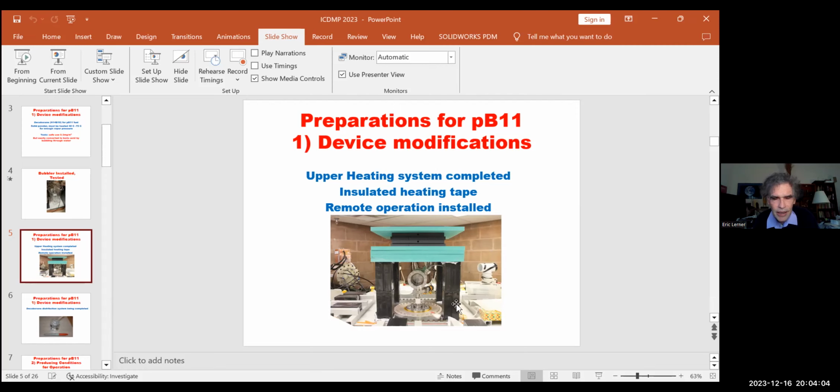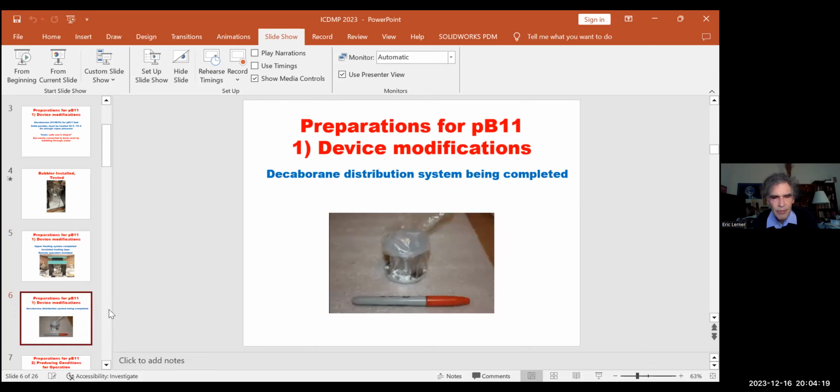So we installed remote operation so we could entirely disconnect the heating right before the shot, and it would have no path to ground. So in addition, we're trying to make preparations for a decaborane distribution system. Now, the decaborane we're using is ultra-high purity, ultra-high isotopic purity, but it's only 100 grams. So we're keeping it in a very small vessel, but we're going to attach it to a larger mixing vessel, which we're still in the final stages of preparing.